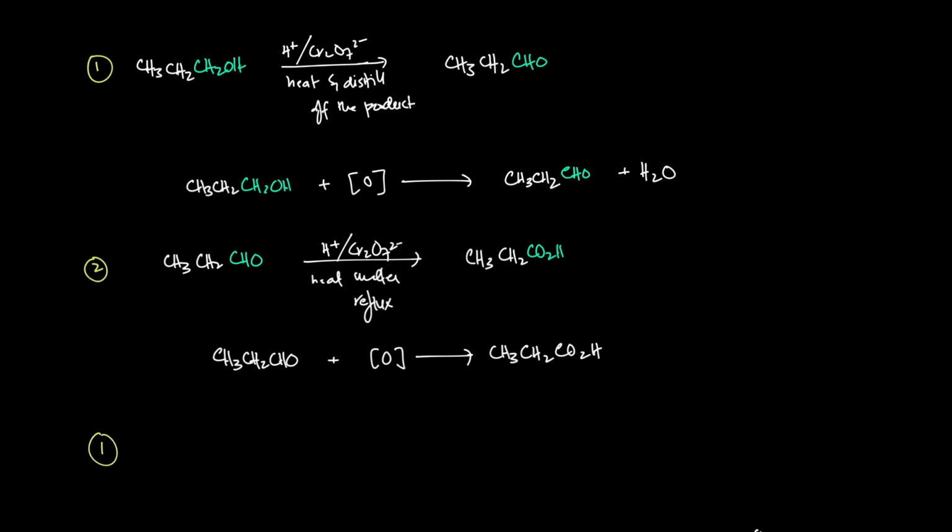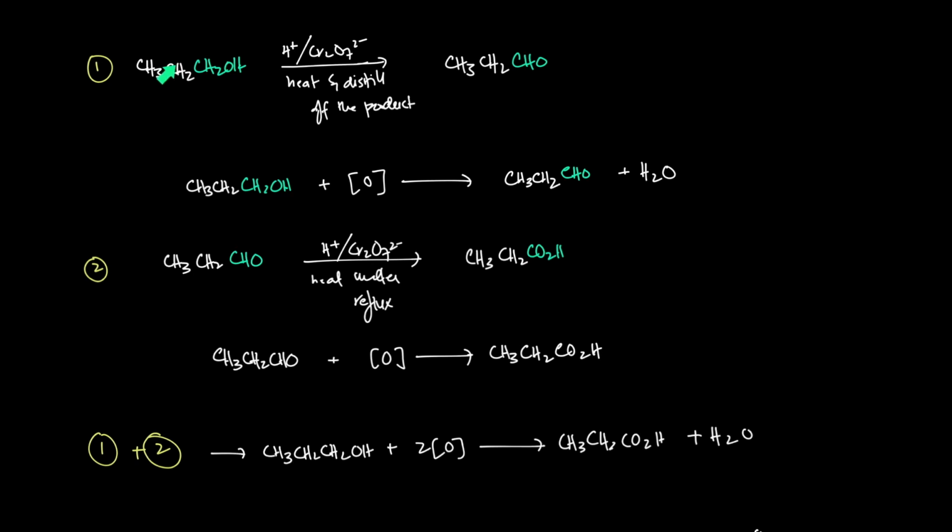If you add 1 and 2 together, you get the equation for the oxidation of primary alcohols all the way to carboxylic acids, which we've already written down earlier, but I'll write it down again. If you add 1 and 2 together, you get CH3CH2CH2OH plus 2 oxygens, to give you CH3CH2CO2H and H2O. So this is the overall equation from primary alcohol to carboxylic acid.